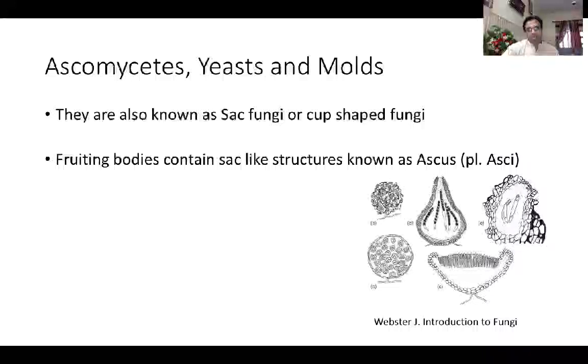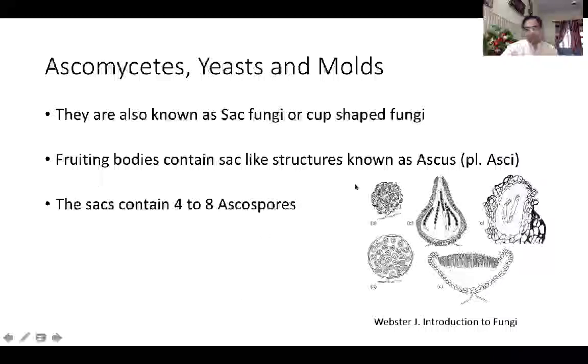These sac-like structures are present in the fruiting bodies. They contain the sexual spores known as ascospores. These sac-like structures are also known as ascus.